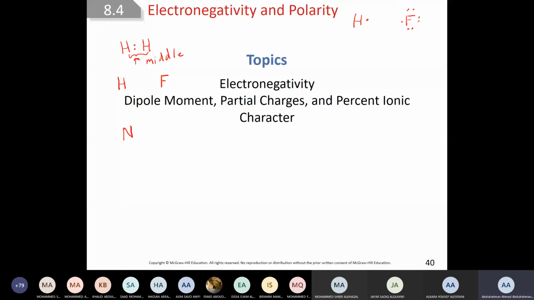How can we make fluorine have 8? Add 1, by sharing 1 electron. Now fluorine has 8 electrons, which is happy, and hydrogen has 2 electrons, which does not need more than 2. When this bond takes place, the 2 electrons are in here.